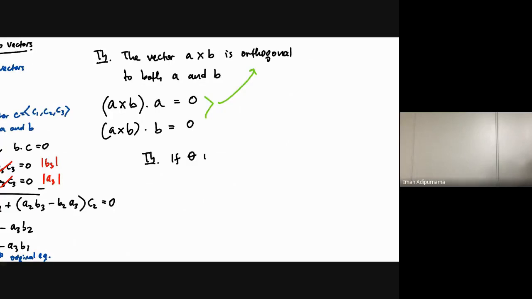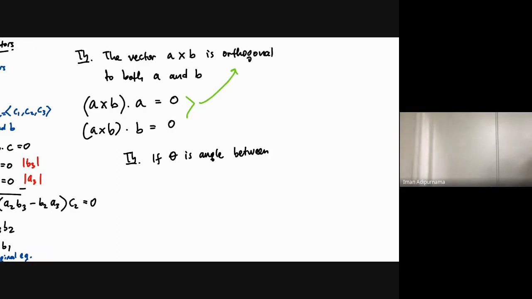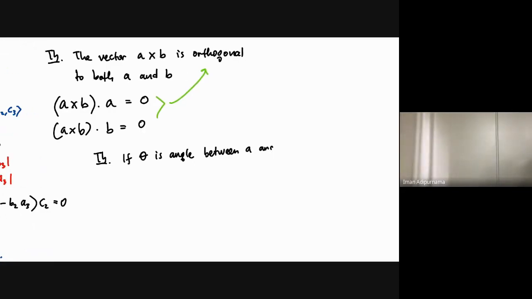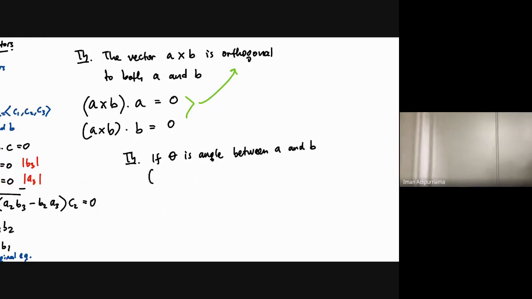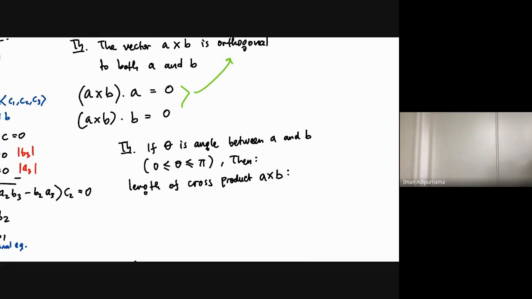If theta is the angle between A and B, so the angle is between 0 and pi, then the length of the cross product A cross B, the magnitude, is given by this with sine theta.